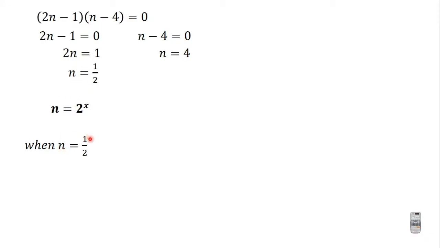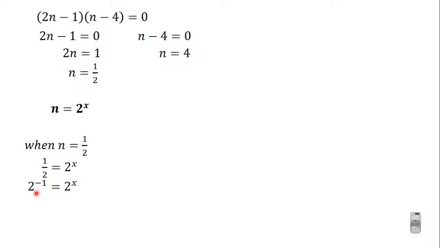When n is equal to 1 divided by 2, we can say that 1 divided by 2, which is half, is equal to 2 exponent x. We learned from the properties of indices that half can be written as 2 exponent minus 1. So you have 2 exponent minus 1 is equal to 2 exponent x.